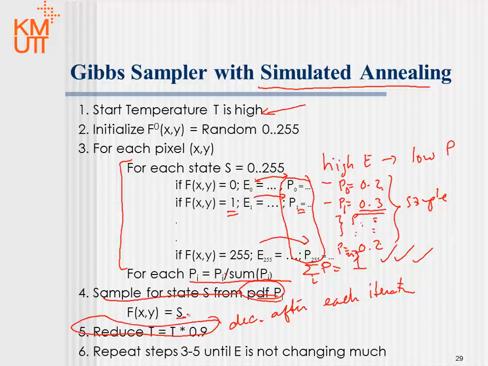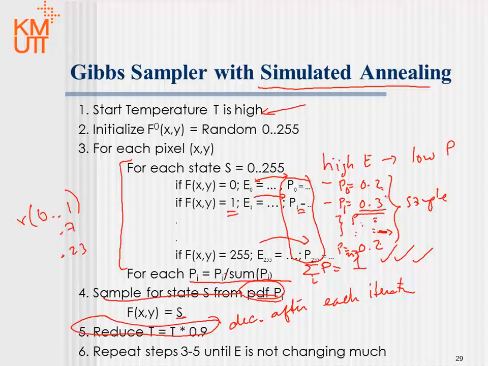If you have studied statistics, you know how to do sampling. Basically, you take a random number between 0 and 1. If we get 0.7, we will choose a state that's somewhere between here and here.